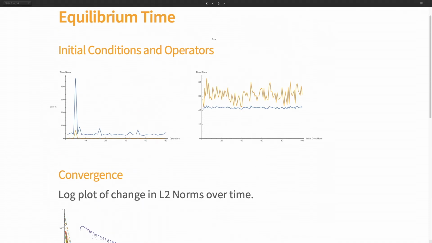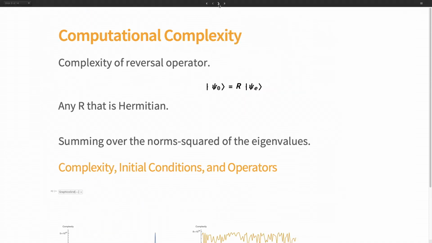Okay, so now on to the complexity. So the computational complexity, this was a little bit trickier, but given this equilibrium state, Bob needs to multiply this equilibrium state with R to get the initial Alice state. And the condition that we imposed on this R was that R is Hermitian.